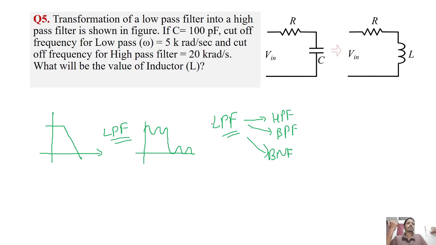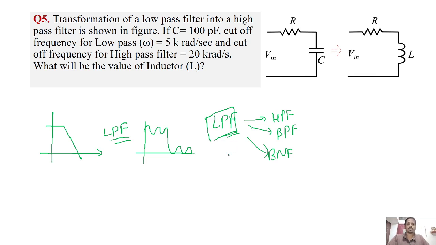So I just need to initially design a low pass filter, and from there I can transform to high pass, band pass and band notch, and from the transfer function we can design the particular filter easily. Then the design part will be easier.